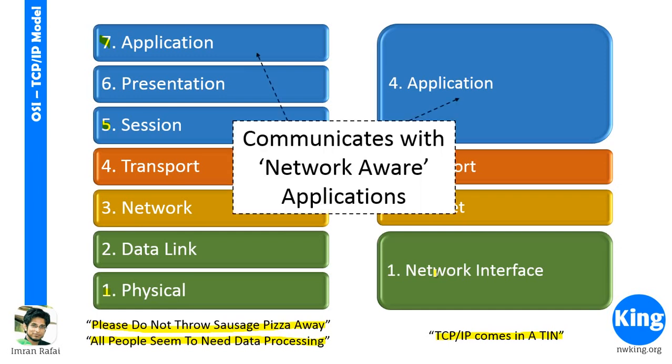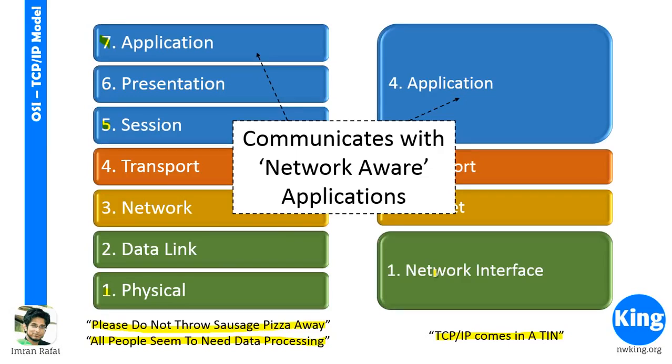Alright, let's start with the application layer. Application layer is the point of contact for all network aware applications. Let me repeat that. It's a point of contact for all network aware applications.